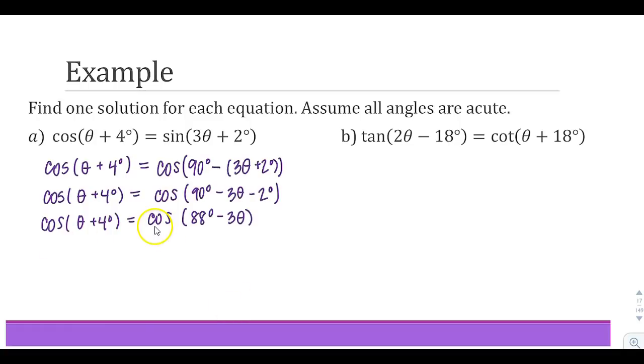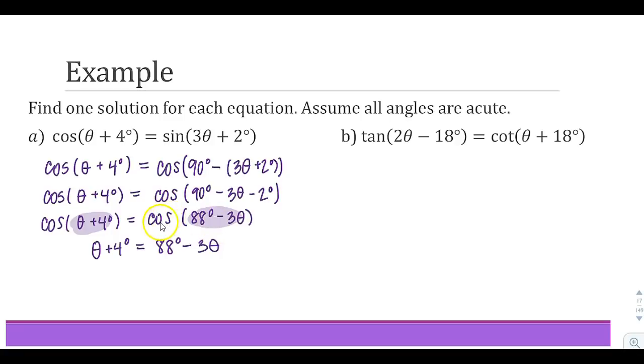So now that they're the same trig function, the only way the left side can equal the right side is if their inside is the same, which is formally called the argument. So if I set theta plus 4 degrees equal to 88 minus 3 theta and solve for theta, I will get the value I'm searching for. So theta plus 4 degrees has to equal 88 degrees minus 3 theta.